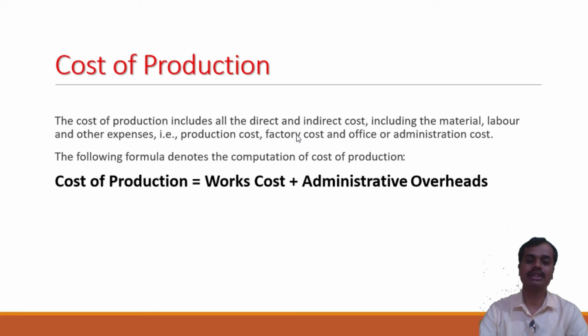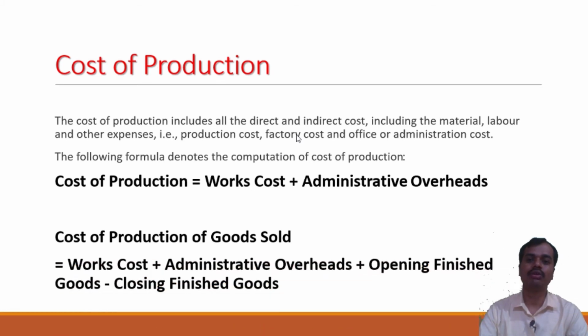After making an adjustment of the opening finished goods and the closing finished goods to the cost of production, we acquire the cost of production of goods sold. Its formula is: cost of production of goods sold is equal to works cost plus administrative overheads plus opening finished goods minus closing finished goods.